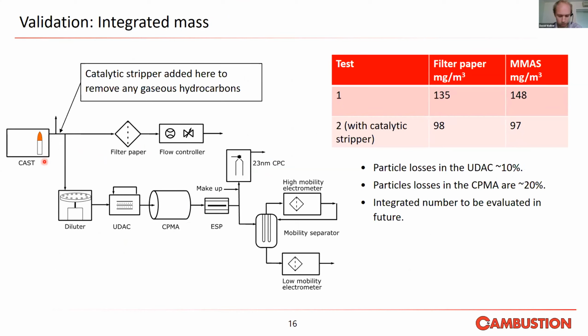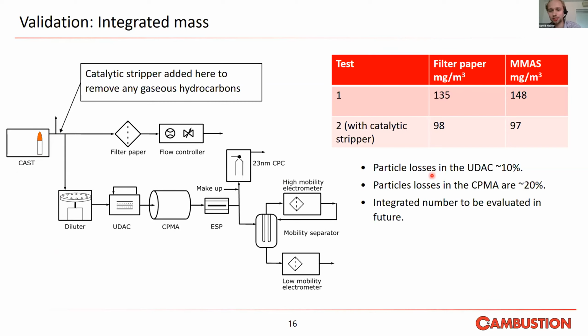So here we've got a cast combustion aerosol source. There's a couple of extra components I'll just point out. There's a rotating disc diluter to lower the concentration so that it's within the working range of the CPC, and there's an electrostatic precipitator to just keep an eye on those uncharged particles. And the numbers over here are really rather good, in fact, better than I would hope for.